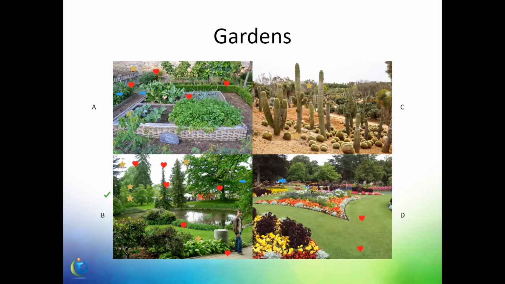So now we can do a couple of different interactive things. I can invite people to say, for those of you that picked Garden A, unmute, or in the chat, give the reason why you picked Garden A. For those of you that picked Garden B, why did you pick Garden B?